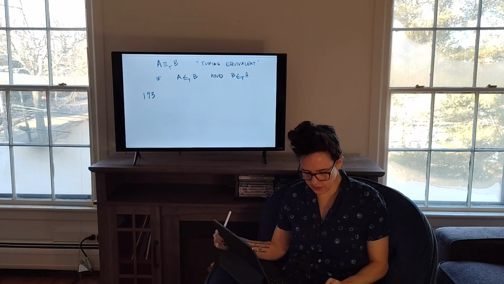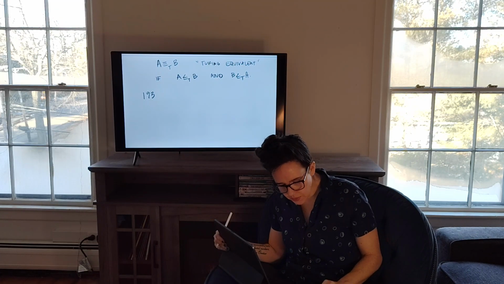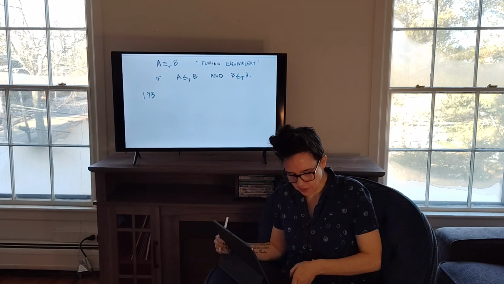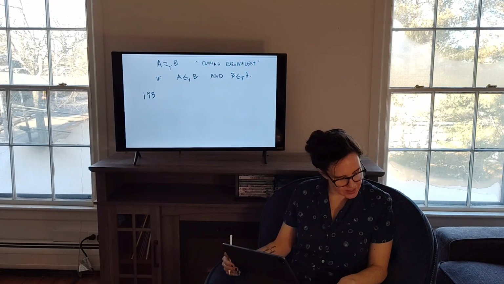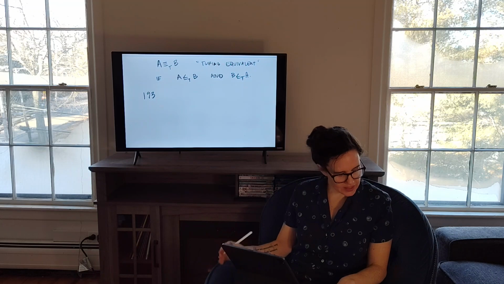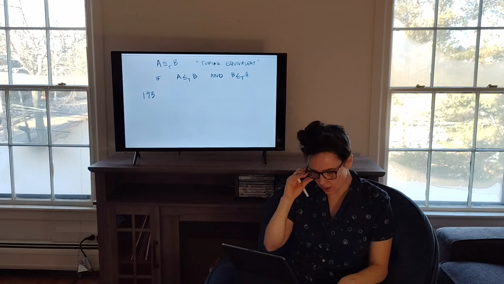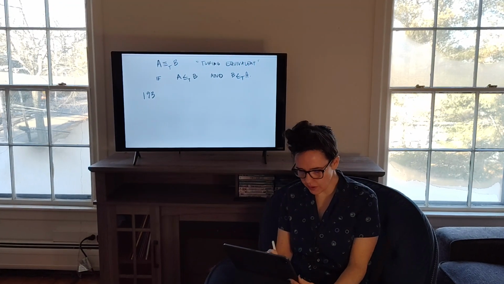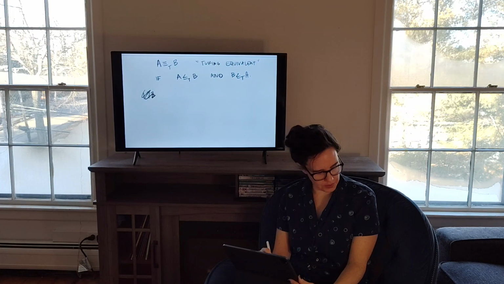Yeah, Post defines set B to be Turing reducible to set A. But we're not actually there. I wrote something else here, I must have looked something up. I think it's just that in the dissertation there's one line about an oracle machine. So I'm just going to skip this.